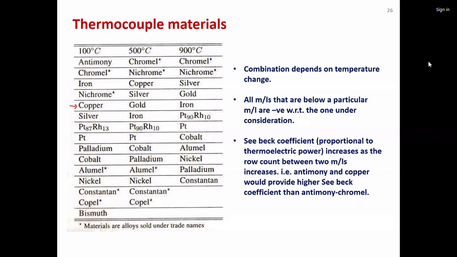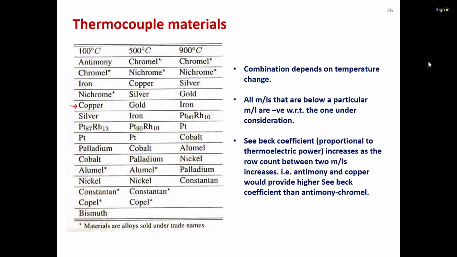Now, what is also important is that the Seebeck coefficient, which is proportional to the thermoelectric power, means the higher the Seebeck coefficient, for a small change in temperature, you get a higher EMF. The Seebeck coefficient actually increases as the row count between the two materials increases.